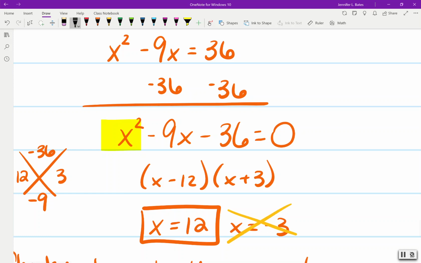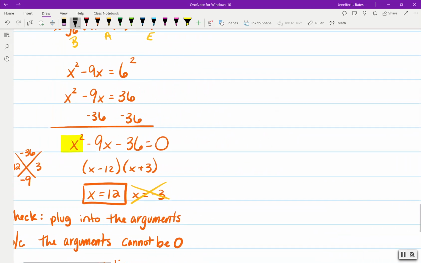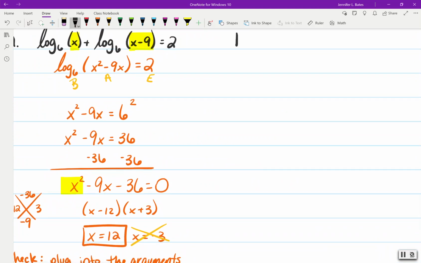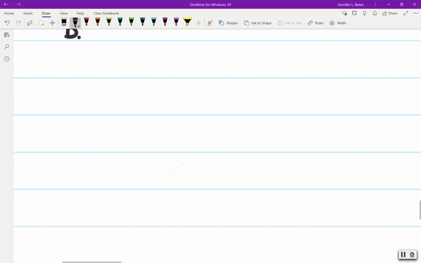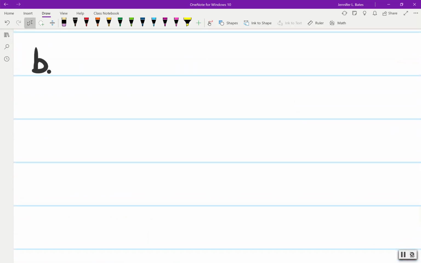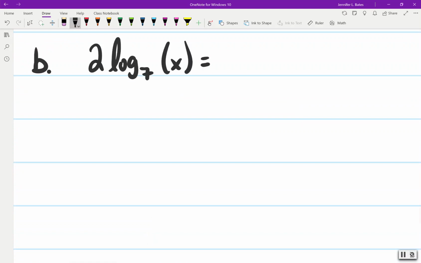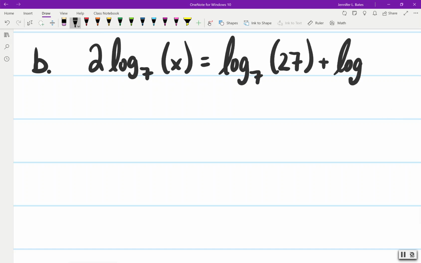Okay, we're going to do one more, and then we'll be done with the 8.5 notes. We'll call this example B. In example B, we're given 2 log base 7 of x is equal to log base 7 of 27 plus log base 7 of 3.